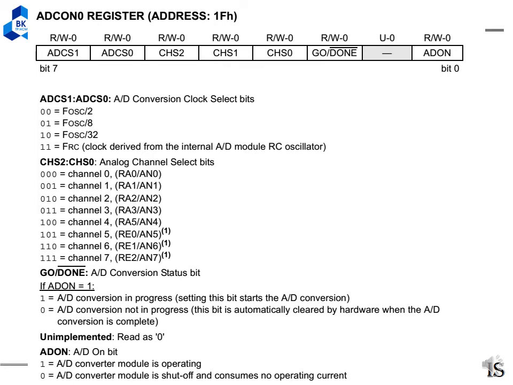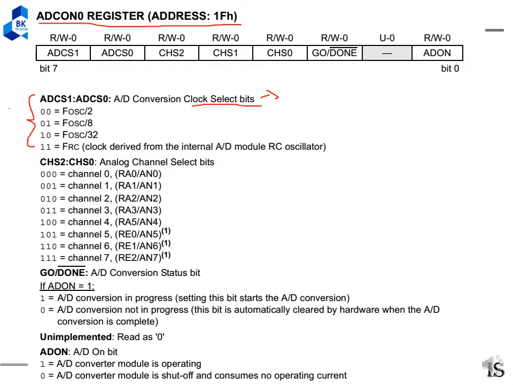So we will go to the ADCON0 register first. This is the address 1F, and here we can choose the conversion clock select bits. According to our crystal, we will choose which one here. Next I will explain to you how to choose it.